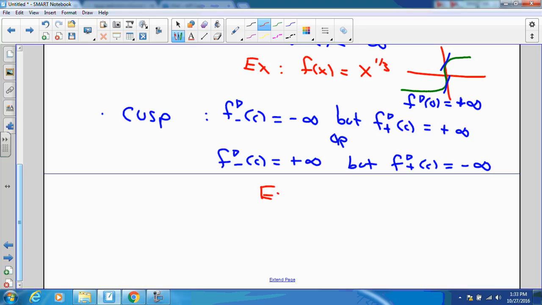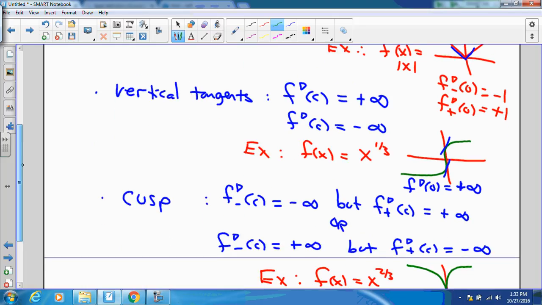Just like that. And our classic example function here was the bird curve of x equals x to the 2/3, in which, from the left, my curve goes vertical in a negative direction, and from the right, my curve goes vertical from a positive direction.